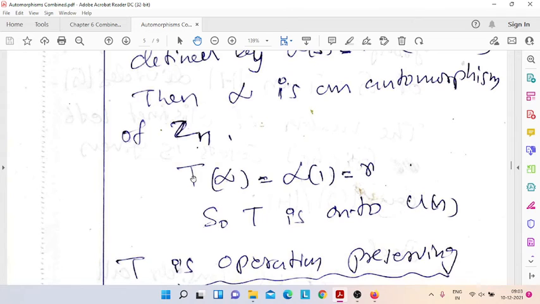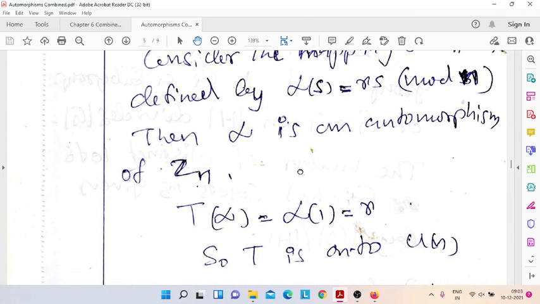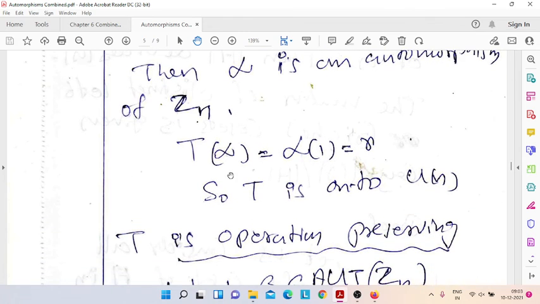Then T of alpha equals alpha 1, which equals R. So with respect to this consideration, we get that T alpha equals alpha 1, that's equal to R.